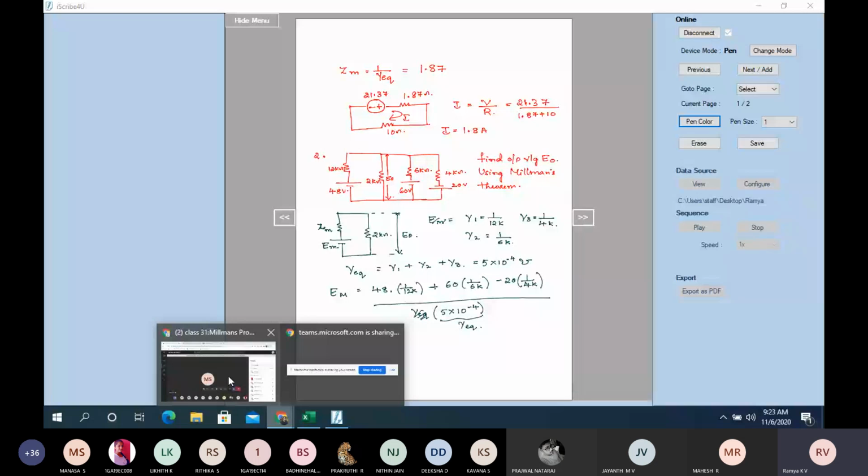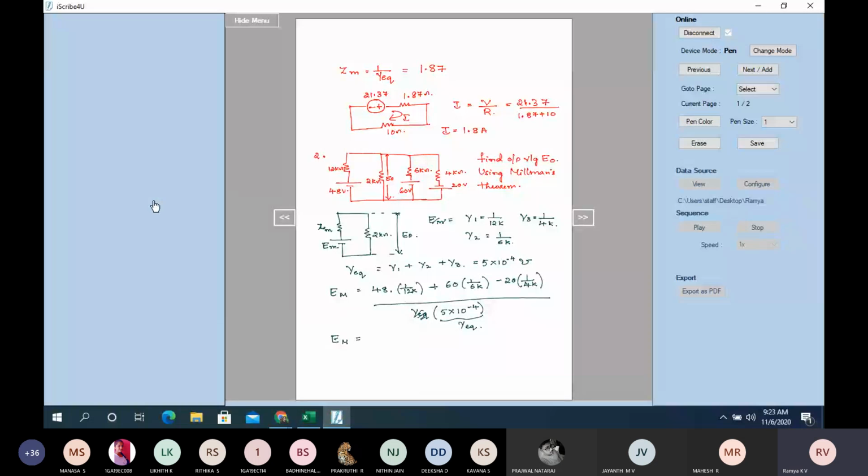Can someone tell me the EM value now? Kumaran?